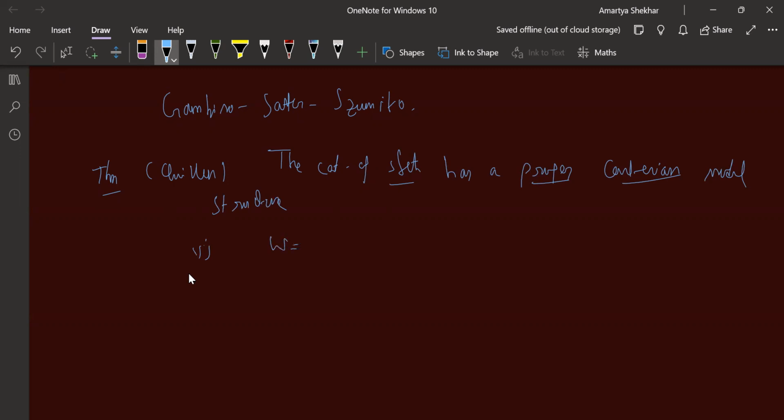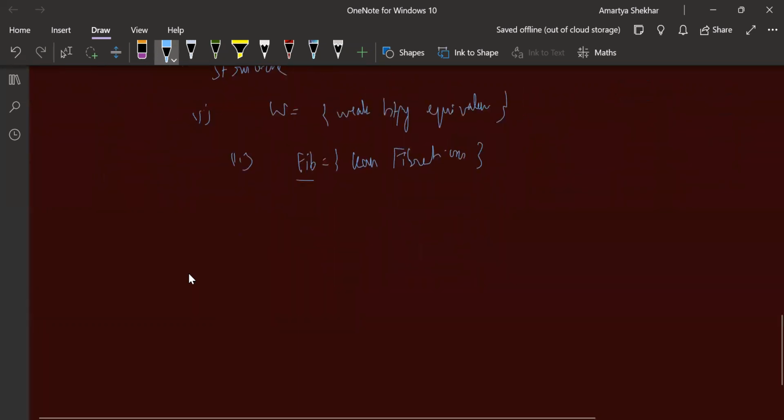We have three distinguished classes of morphisms, where W, the class of weak equivalences, is the weak homotopy equivalences. The distinguished class of fibrations, which I denote by this, are Kan fibrations. And the distinguished class of cofibrations, which I denote as follows, are monomorphisms. Right.